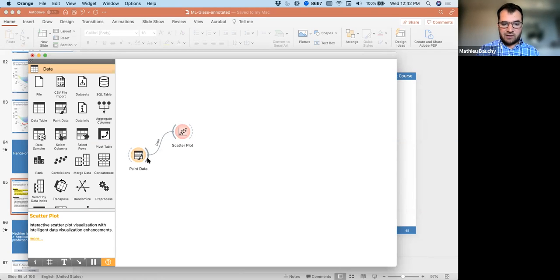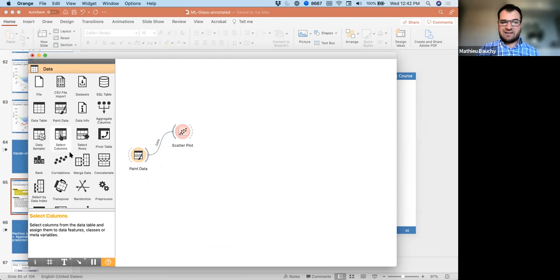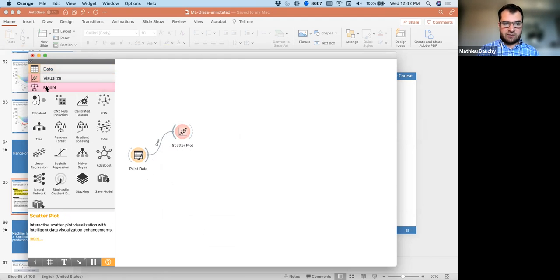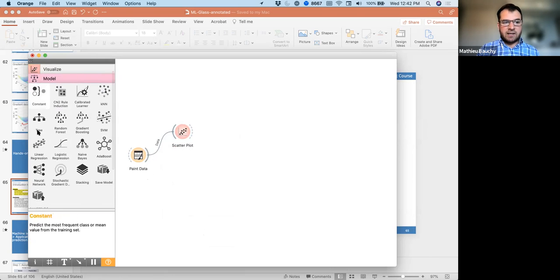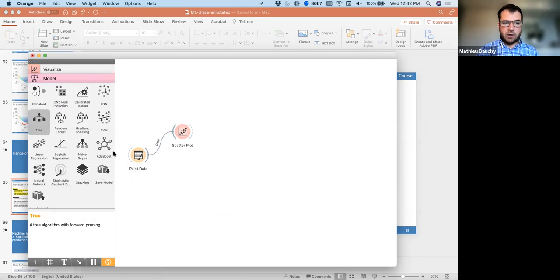So for this, let's do that. I'm going to try now to use a classification model. For this, you will need to go into the model category. And here you have different types of models available. For example, here I'm going to choose a tree model. This is the same kind of tree model that we discussed before to predict whether you should walk or take the bus to go back home.